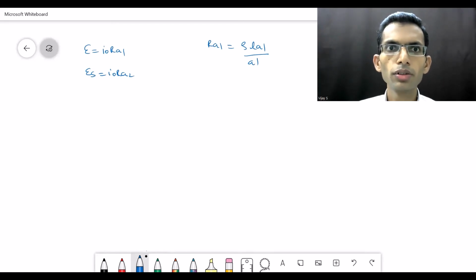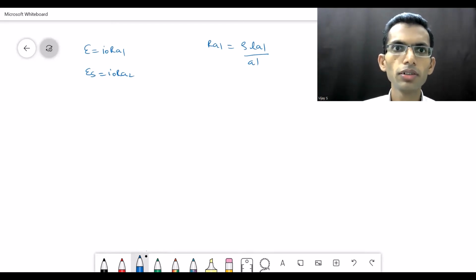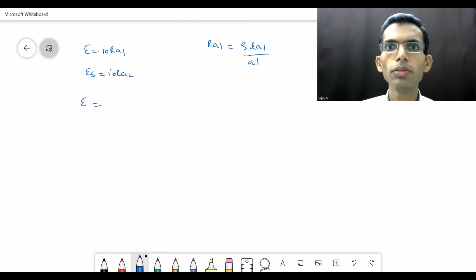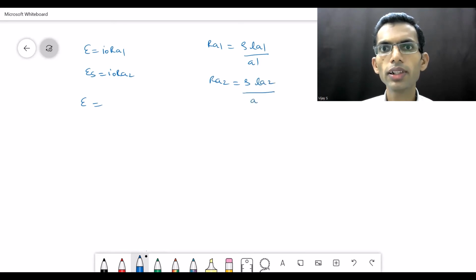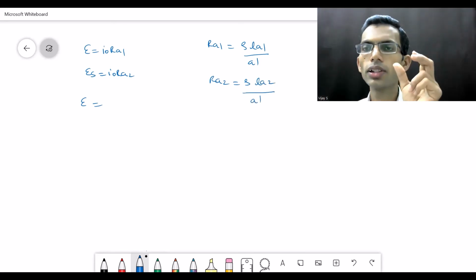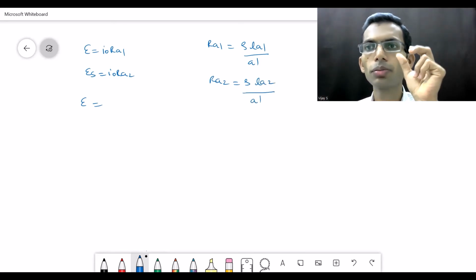Similarly RA2. As the same wire AB of uniform cross section is used in the two cases, rho and A dash are common.